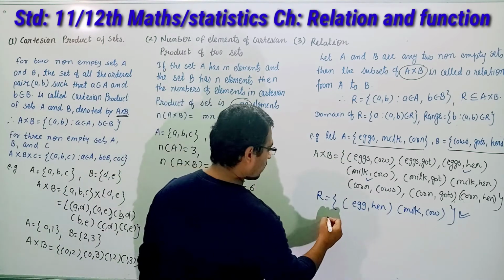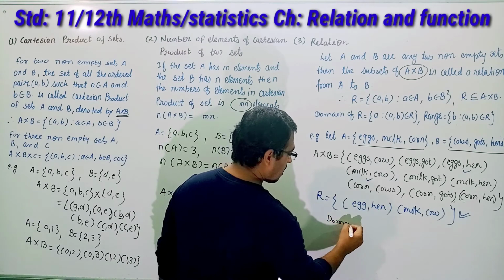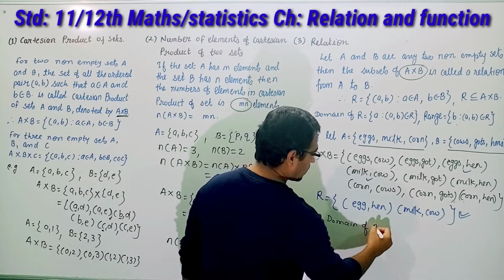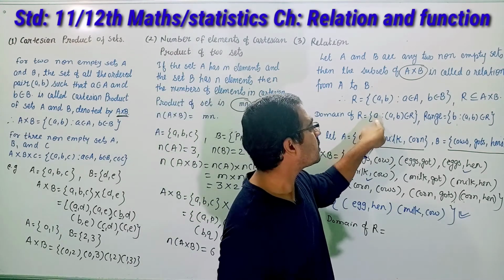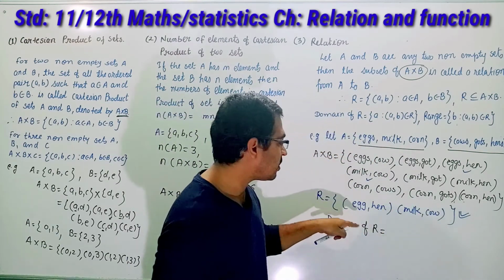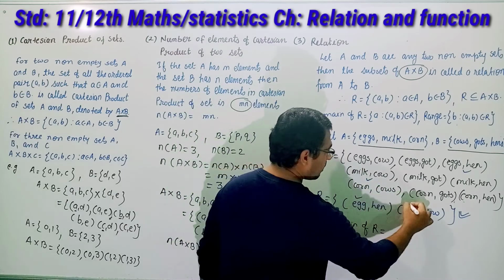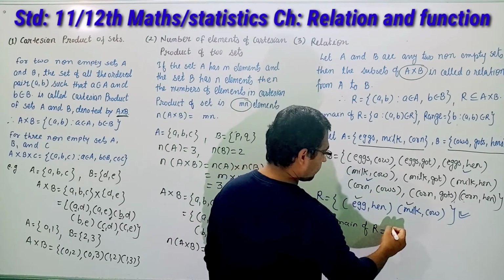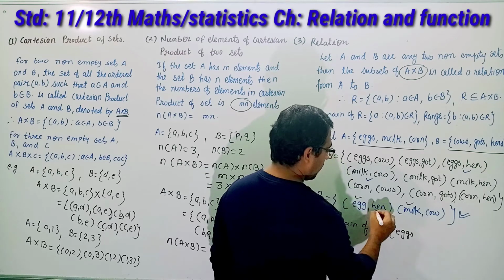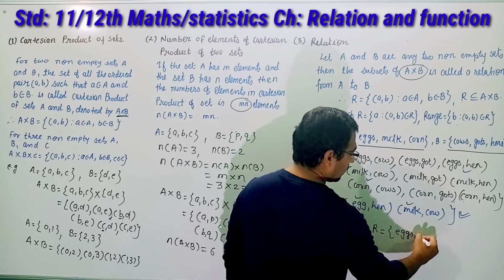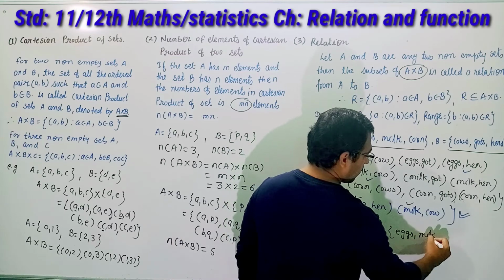Okay, so we want to find the domain of R. What will be the domain of R? The first component of the relation. Suppose I am taking egg and milk.